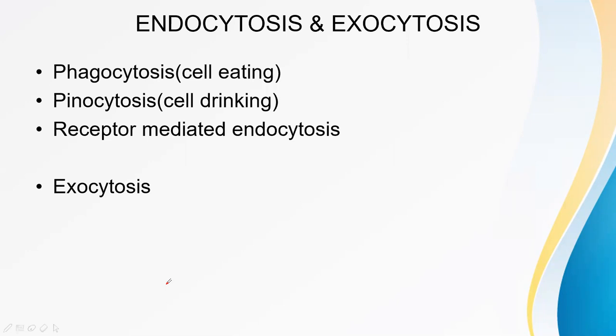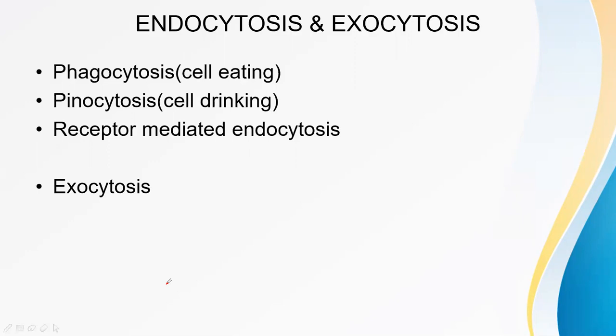Later on, the villi send these nutrients and water into the blood. This process we call cell drinking. Cell drinking means the molecules which were dissolved in the water. This type of absorption we call pinocytosis.